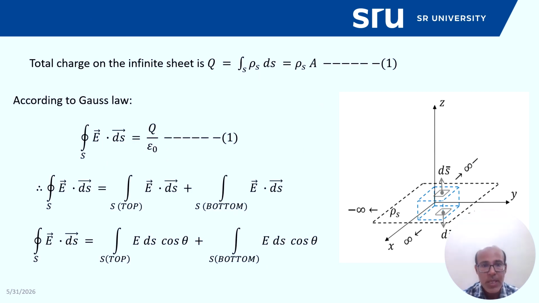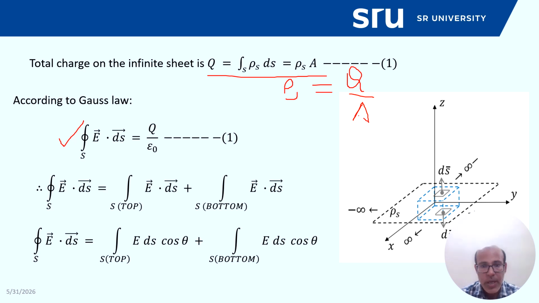Now if you see, this is the Gauss law of electrostatics, and we have written Q as rho s dS, rho s into A. The same logic here: surface charge density rho s is equal to charge per unit surface area.